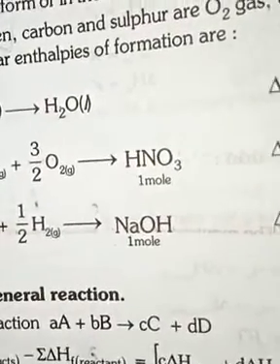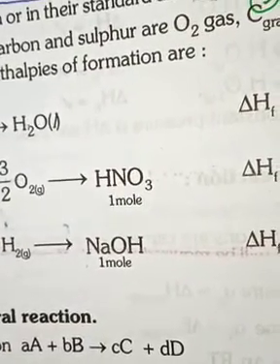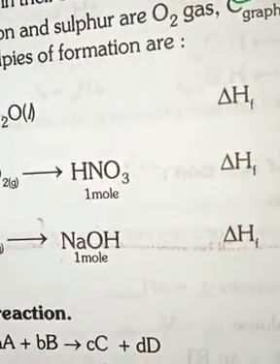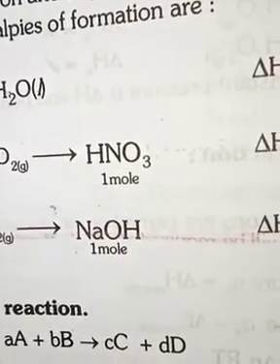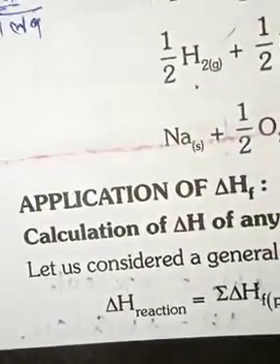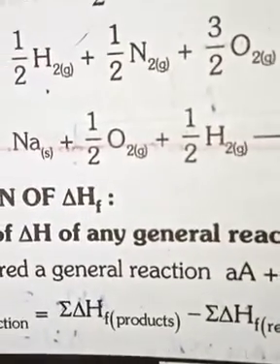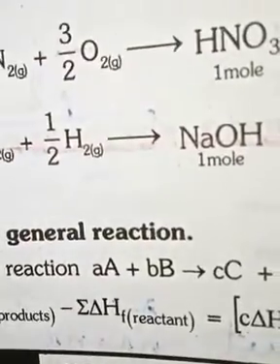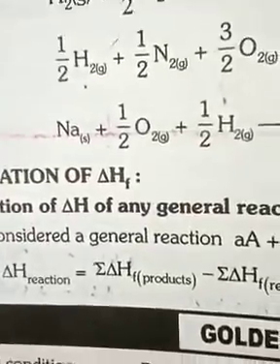Then we first write: heat of reaction is equal to heat of formation of products minus heat of formation of reactants. Look here, heat of reaction is equal to the summation of heat of formation of all the products minus the summation of heat of formation of reactants. Okay, in this manner we can find the heat of reaction.